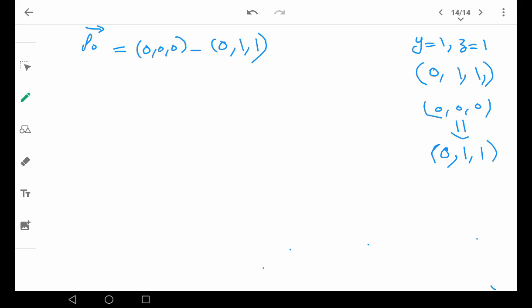So we will get it as (0, -1, -1), and the magnitude of rho 0 equals the square root of 2, isn't it?